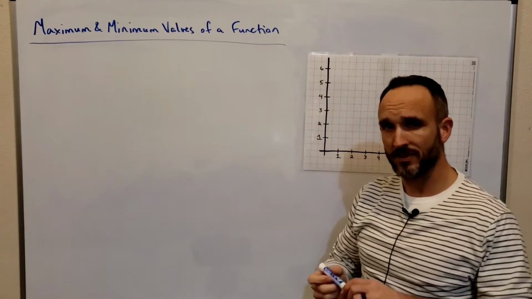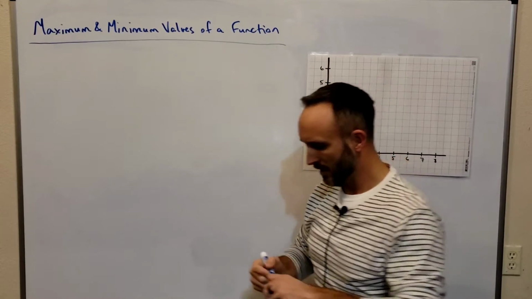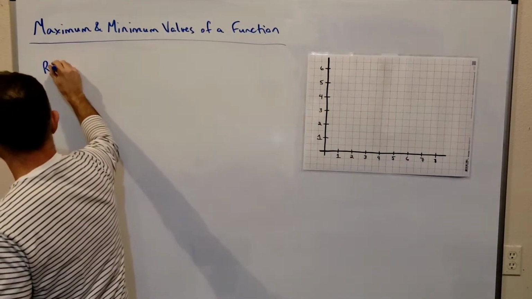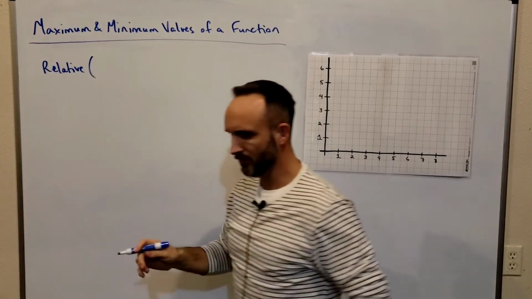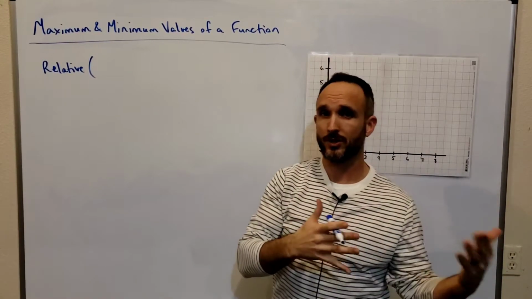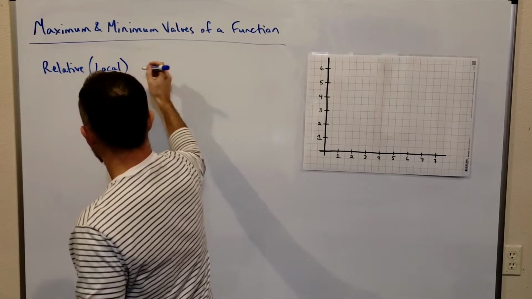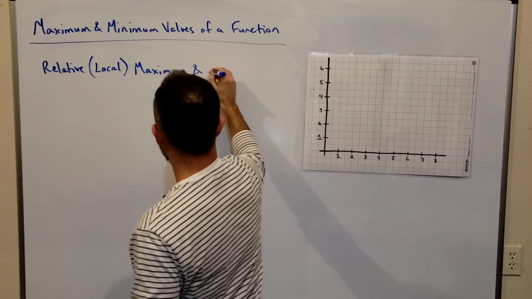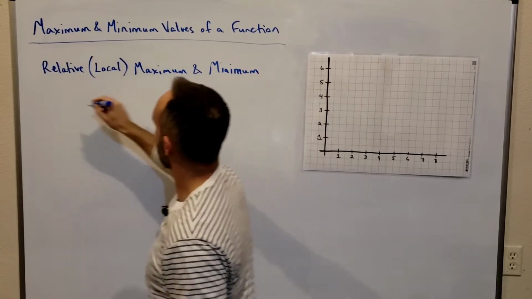Okay, so the next definition, if you're not talking absolute maximum and minimum, you can discuss what's called the relative maximum and minimum. Relative, or if absolute is global, relative is called local. So these could be called local also.